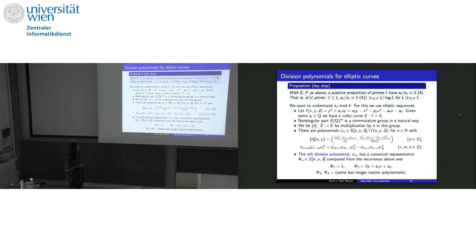So this now cuts out some cubic curve in P2. And okay, so it might have a singularity, but its non-singular points are still a group in the usual way. And this group has a multiplication by n map, and that's given by some rational map on this cubic curve E. So if you want to, you can think about this as being an elliptic curve.